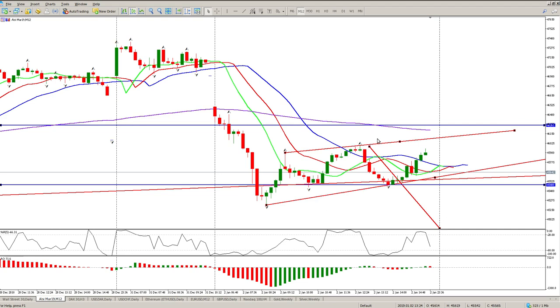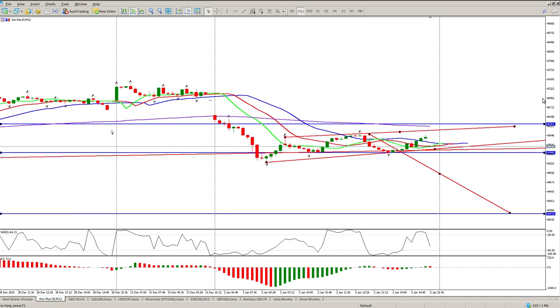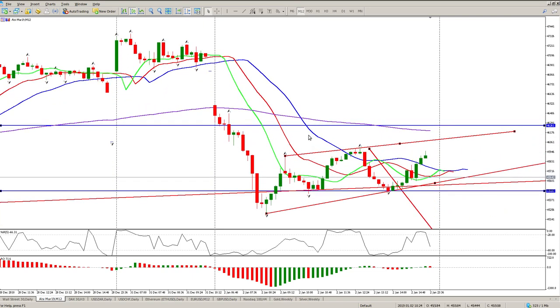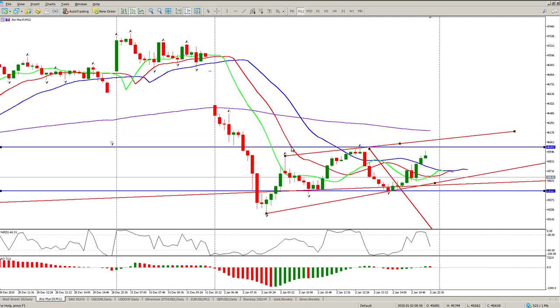Just a fairly high stop to start with, then we'll just move the stop down. Okay, and target on this move is pretty much 43,800.